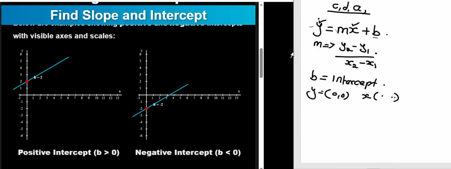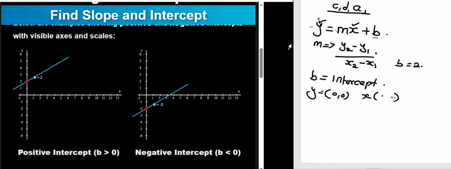So you see, if I was asked the y-intercept of this line, I would say b, which represents the intercept, is 2. Why? Because this line cuts the y-axis at 2 when x is 0. How about this one?